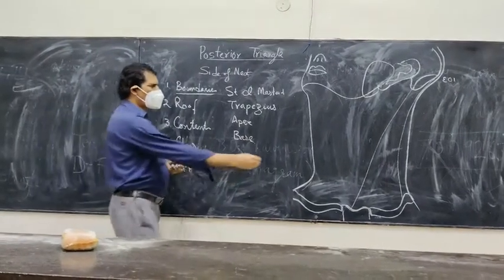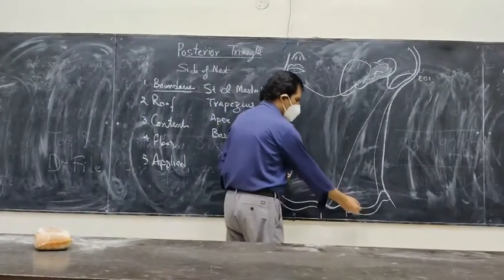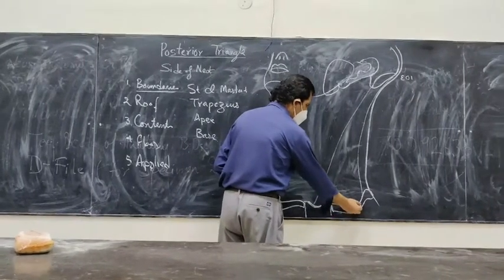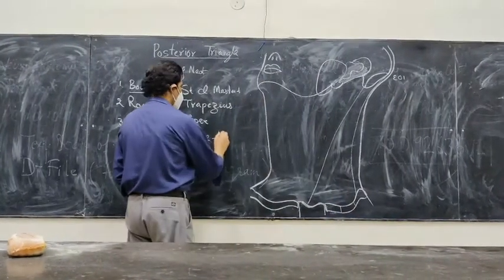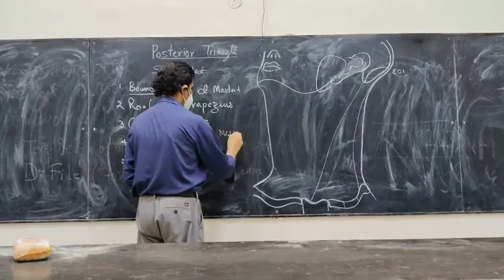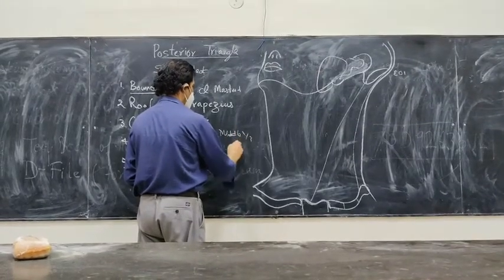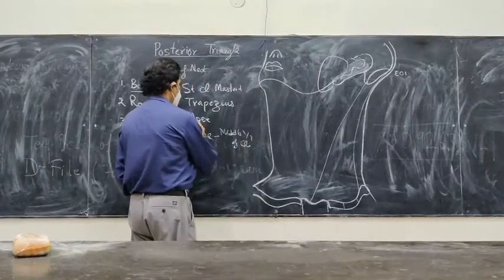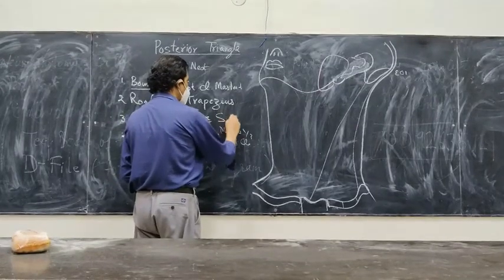The base is formed by the middle one third of the clavicle. Middle one third. And the apex lies at the superior nuchal line.